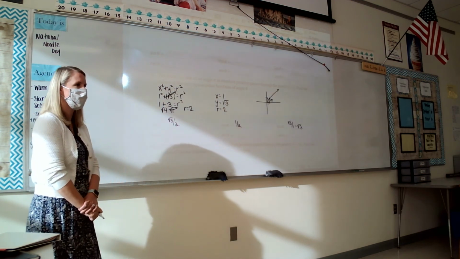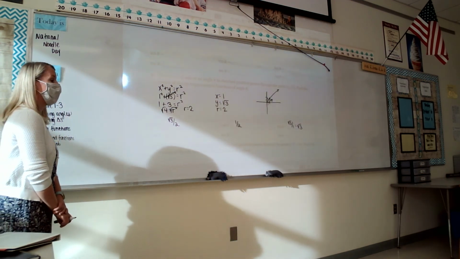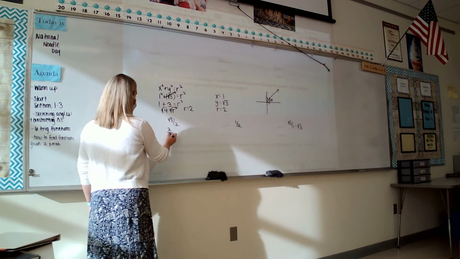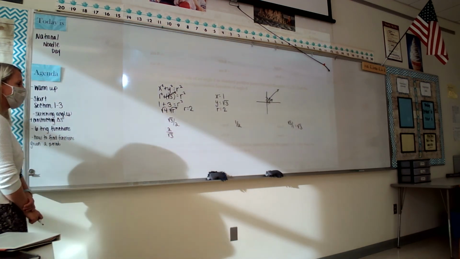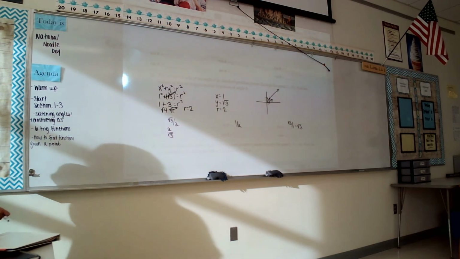So here's where we're going to have to kind of think a little bit. When I do cosecant, I would get 2 over the square root of 3. So I don't know if you remember this from any of your past classes. If you don't, that's okay, because that's my job to reteach you.